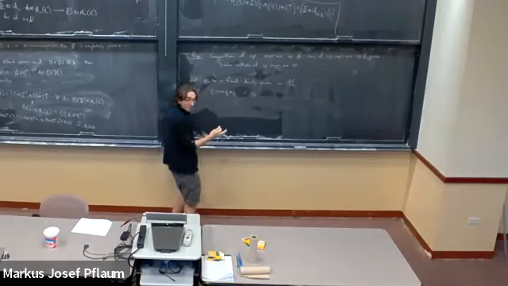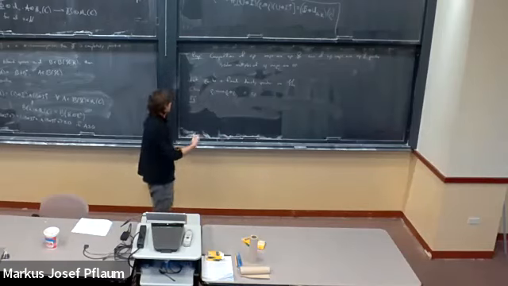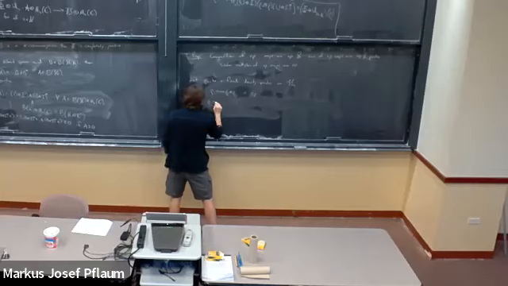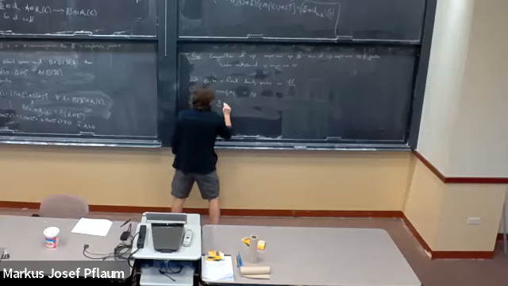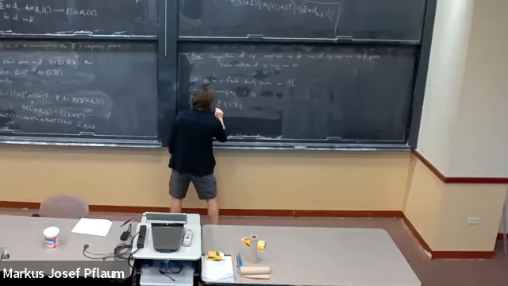The proof is very simple using the formalism of partial bras and partial kets that Connor introduced last week. So for the proof, I write rho naught as its spectral decomposition, the sum over i from 1 to n for some n.